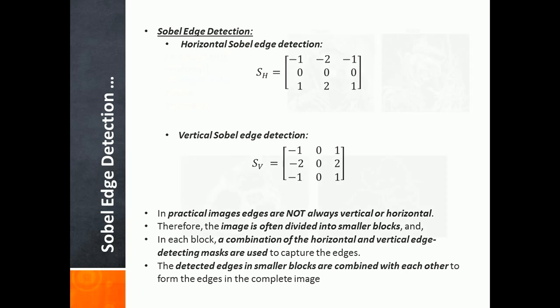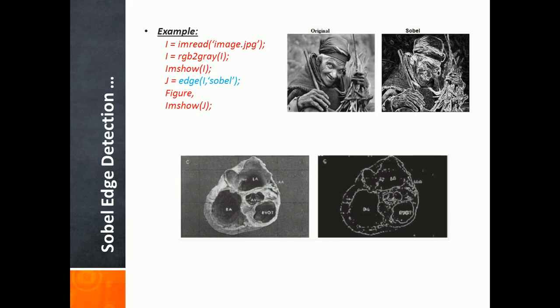So this is how in MATLAB you just read the image, and then you convert the colored image into its gray scale. You show the image. Now this is the function which is used for edge detection. You would see you have the image I here, so its edge where you're giving the image I and you're trying to use Sobel edge detection.